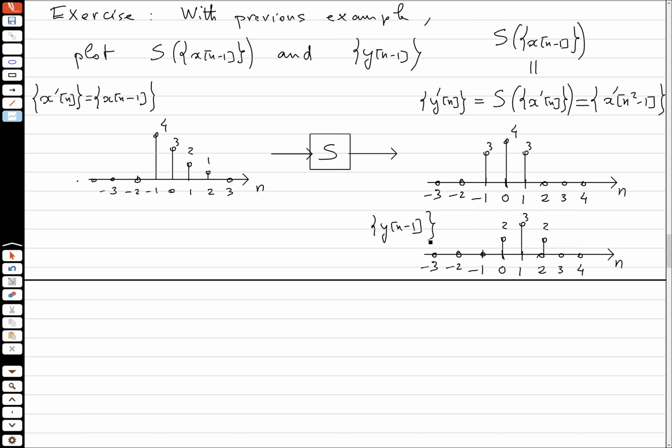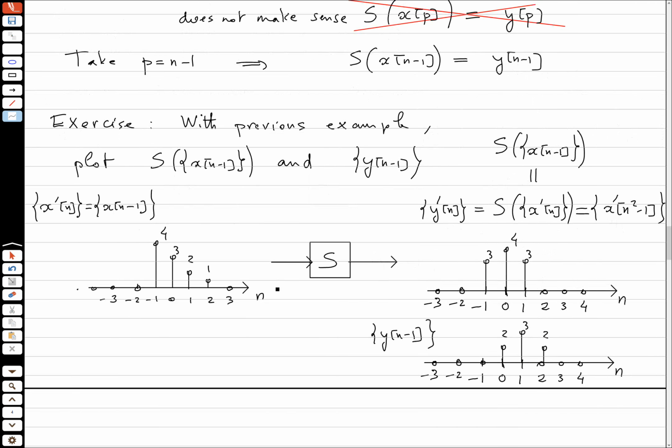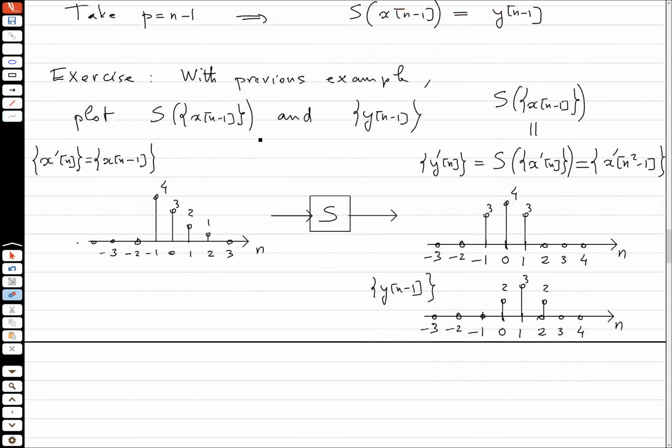Right? So are they equal? This is this, and this is that. Are they equal? No.